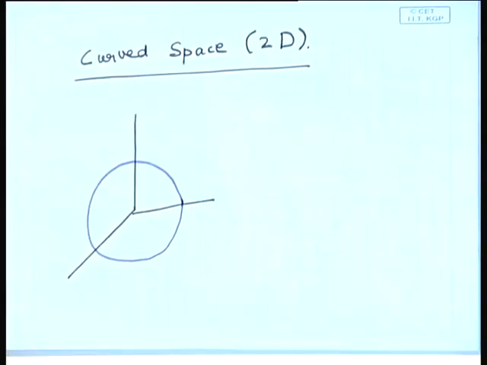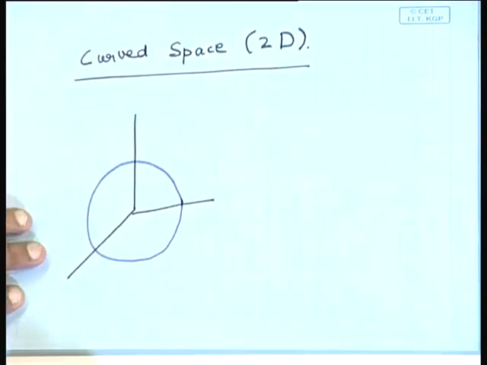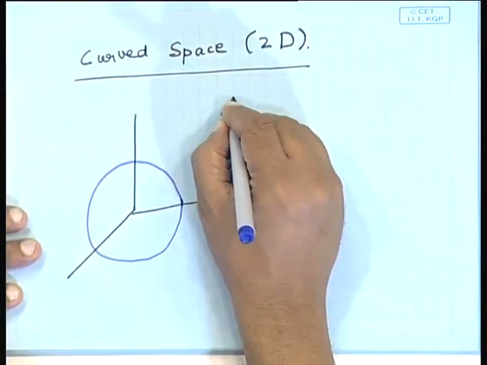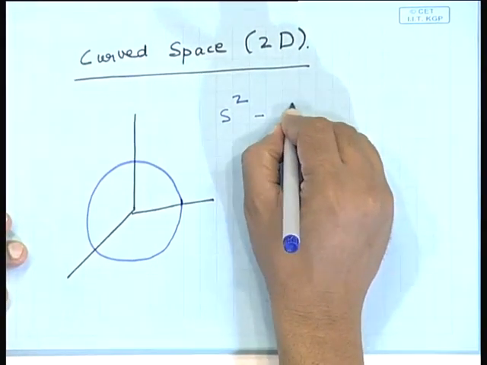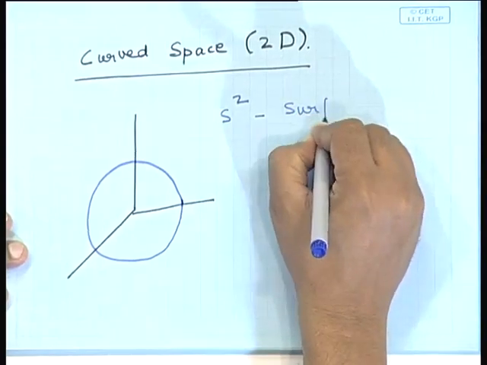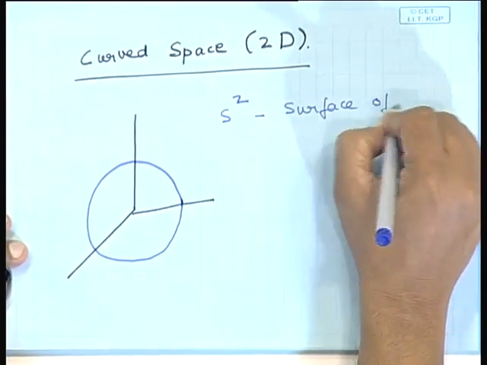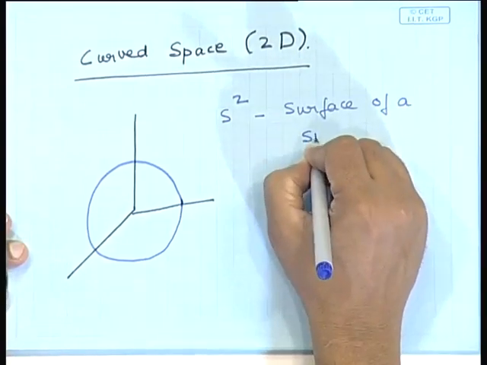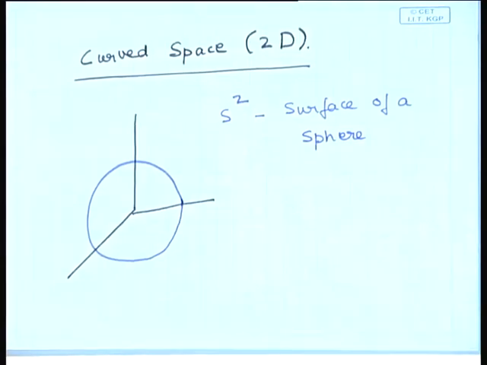So we have a sphere of unit radius, and the surface of the sphere, it's called S2. The surface of a sphere, like the surface of the earth, which we shall refer to as a sphere. Okay. So S2, the surface of the sphere, is a two-dimensional space, which is curved.